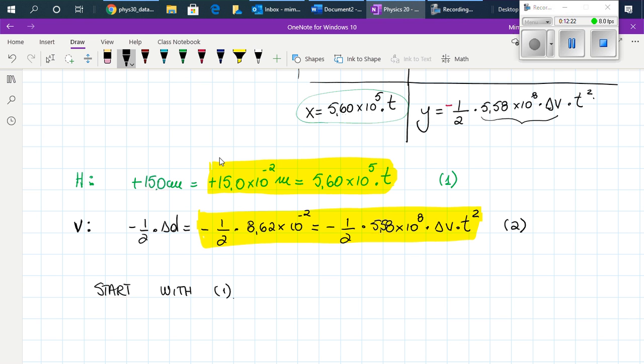So let's solve for t, which will be 15 times 10 to the power of negative 2 over 5.60 times 10 to the power of 5. And then from here we find that time is equal to 8.40 times 10 to the power of 4.